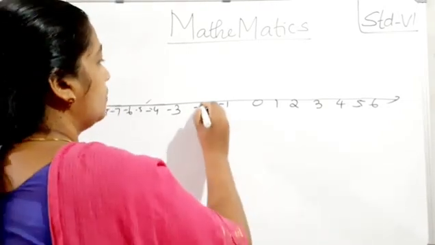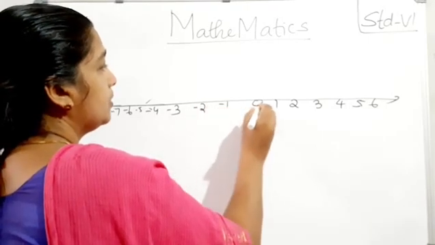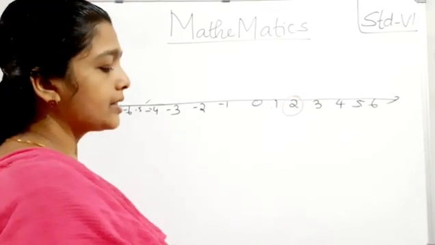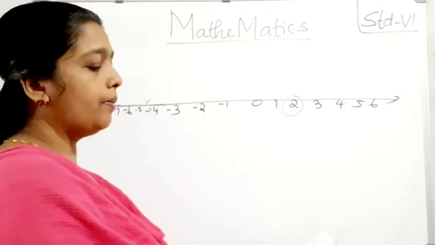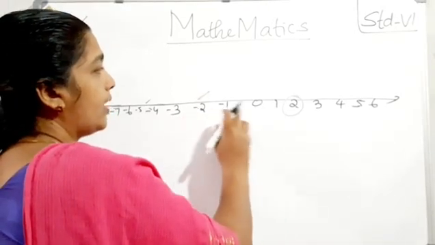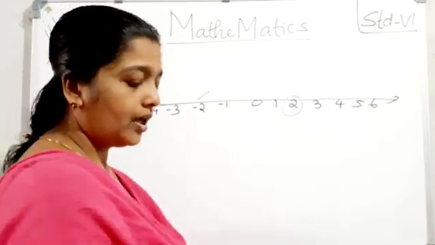From minus 2 take 4 numbers: 1, 2, 3, 4. So the answer is plus 2. Understand?